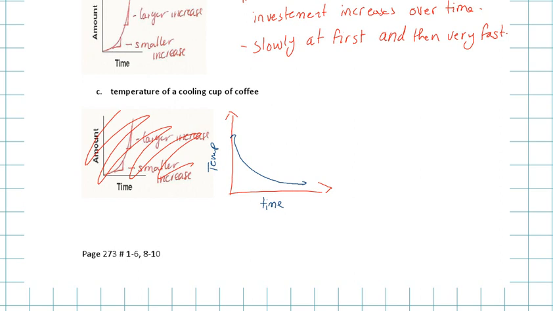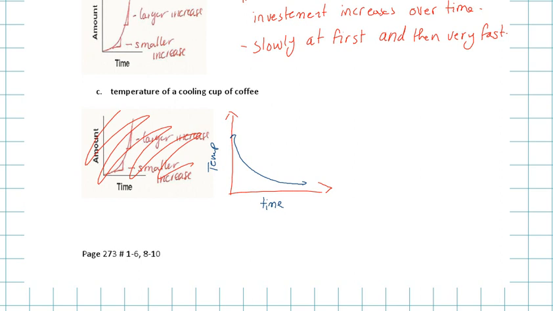So you have a cooling cup of coffee. So you make your coffee, it's boiling hot water, you let it sit in the room. What's gonna happen to it? It's gonna cool down, right? It's gonna cool down at the beginning because the room temperature is like 20 degrees. Let's say the coffee cup is about 100 degrees. What's gonna happen is that it's gonna cool faster at the beginning, but then when it gets to like 20 degrees or 25 degrees or wherever the room temperature is, you're gonna see a very slow decrease, right?